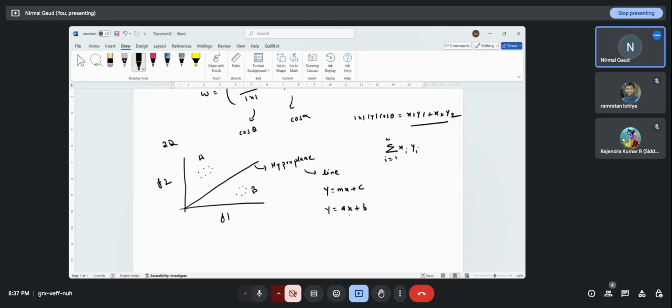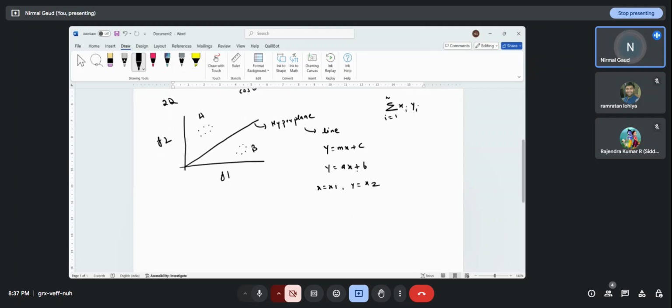I changed the notation, and then I reorganized this equation by putting x equal to x1 and y equal to x2, and then I got ax1 minus x2 plus b, and this equation will be in this format, and I compared this with what I achieved here.